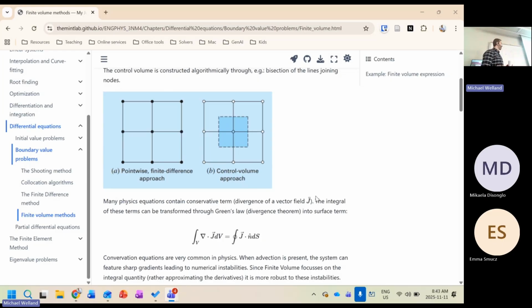This doesn't require that all of these edge lengths are equal. And we'll see an example of that. And that's another benefit, right? So especially with fluid dynamics, especially near a wall, if you have no slip, sometimes in COMSOL, it'll automatically suggest mesh refinement where it has like the boundary layers near the wall.